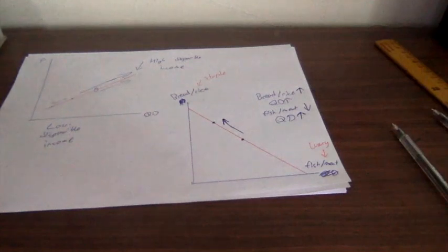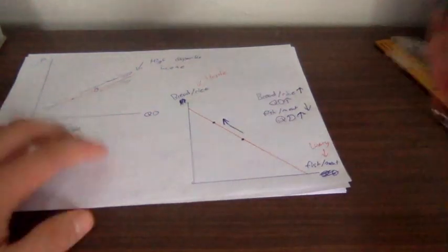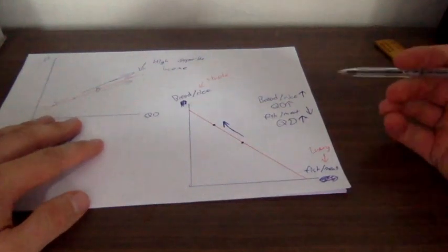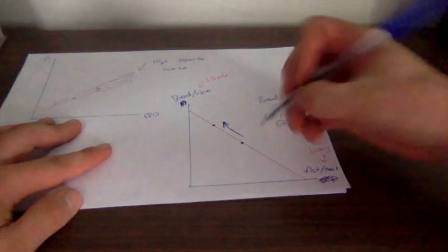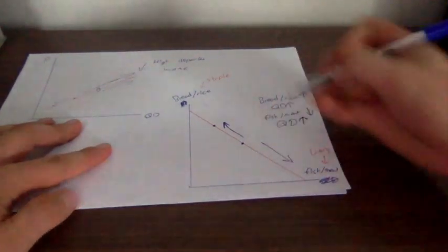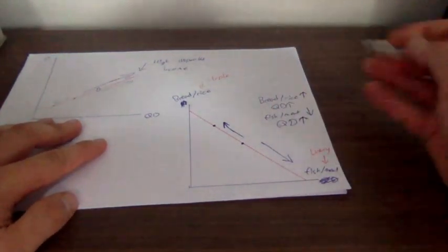Those who have, say, low to medium disposable income, okay, they will actually purchase more of this, because it's more affordable. They have higher purchasing power, so they're going to actually come down here and they're going to purchase more fish and meat just because they can.